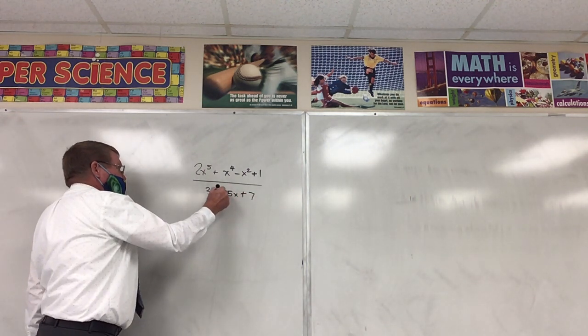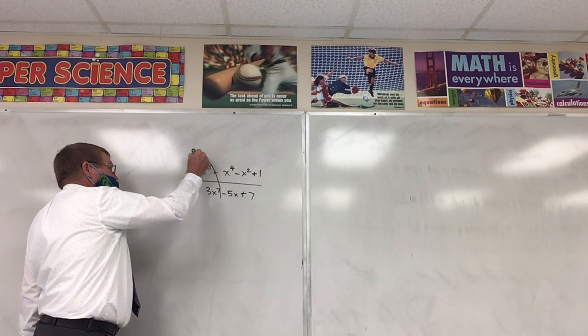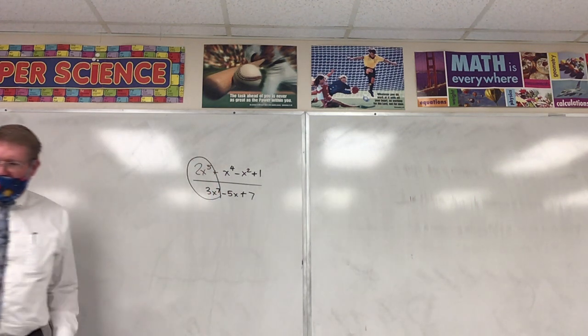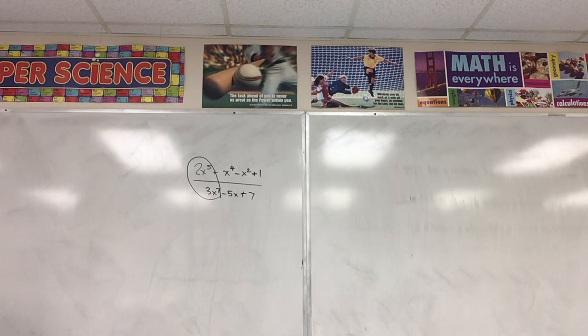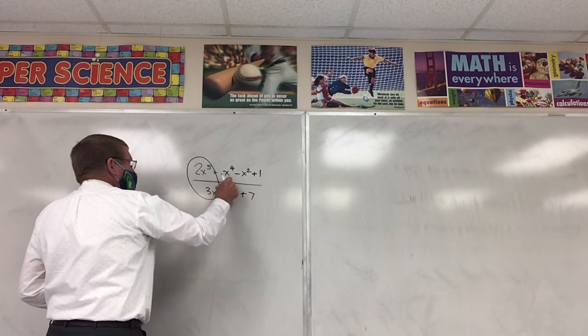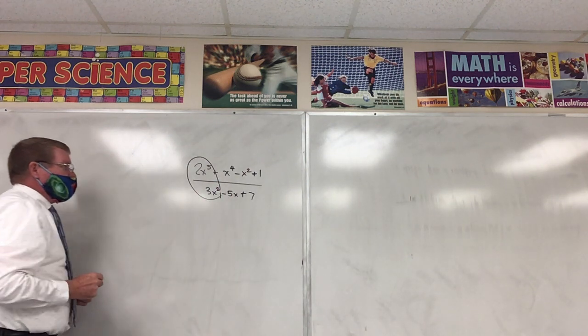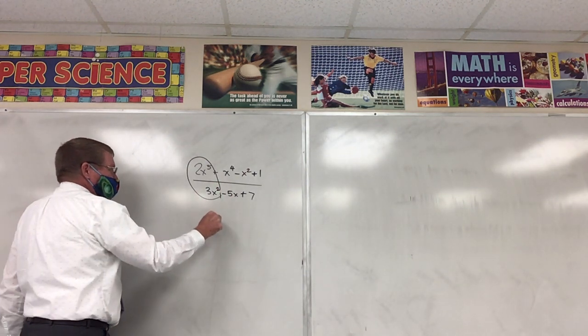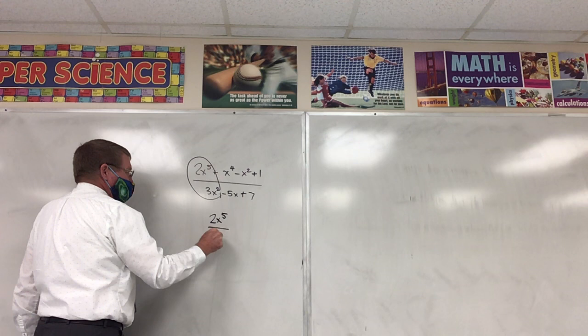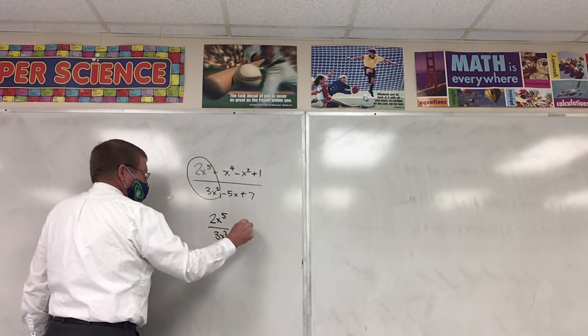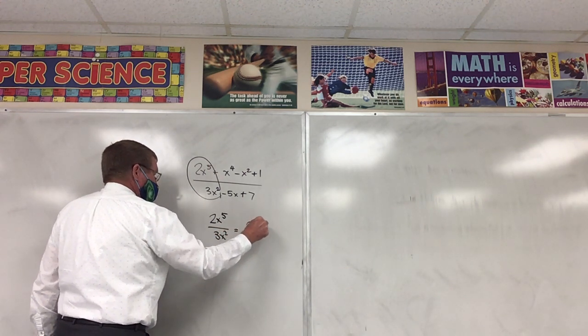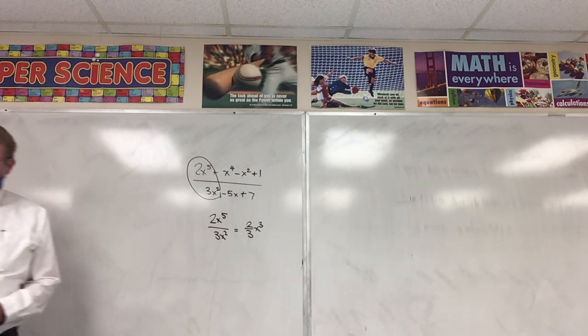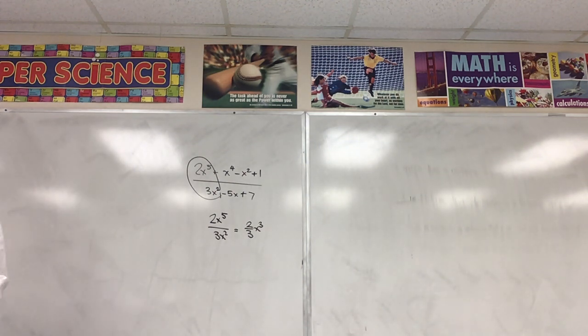So I'm just going to take my leading terms. I wrote that down wrong. This would be squared. There we go. Leading terms and simplify: 2x to the 5th over 3x squared, which equals 2/3 x cubed. 2/3 x cubed would be an end behavior model. My graph would behave that way at the extremes.